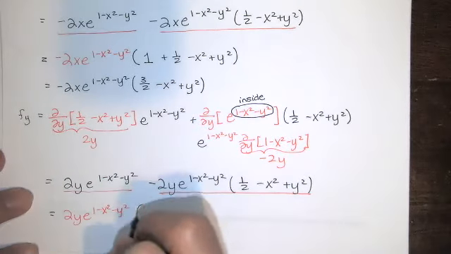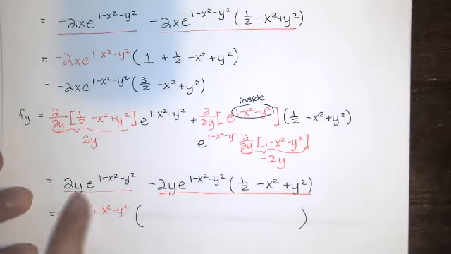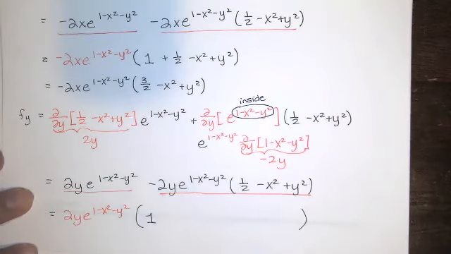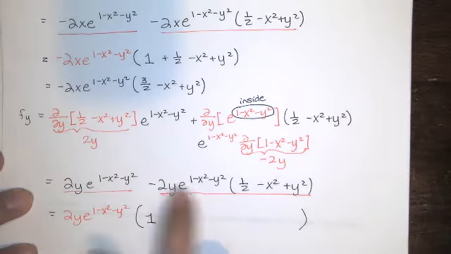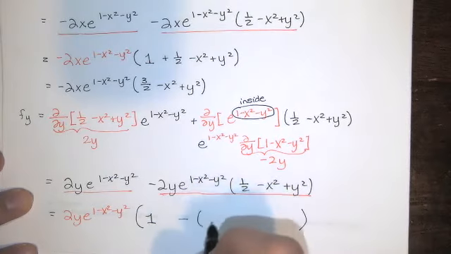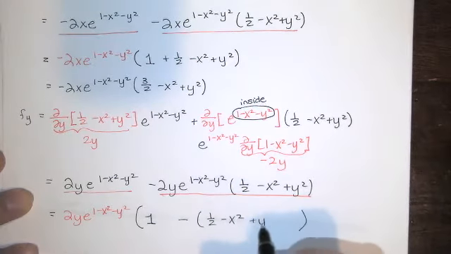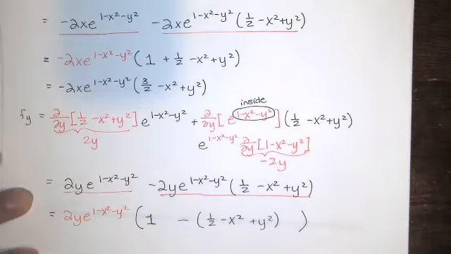And then again, we do the algebra thing. We ask ourselves, this times what gives us this? It's just a 1. And then this times what gives us this. Careful here, that negative was not factored out this time. So you've got a -1 times that quantity, and you want to remember to leave this in parentheses, or you want to remember to distribute that negative.